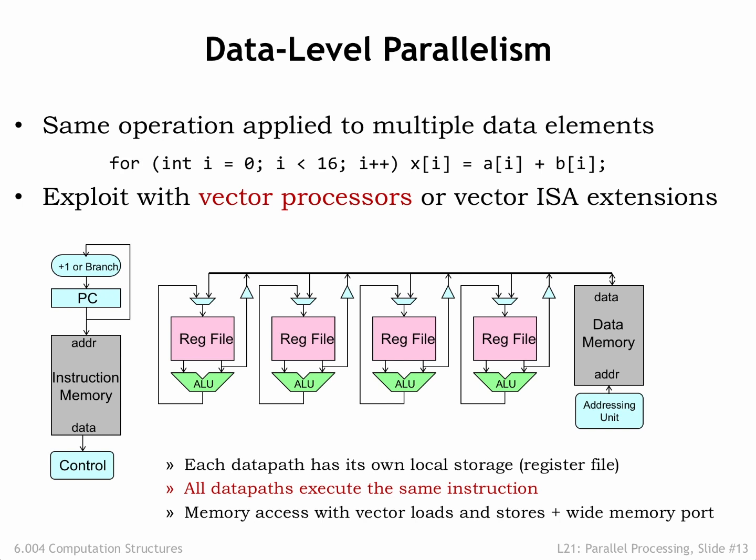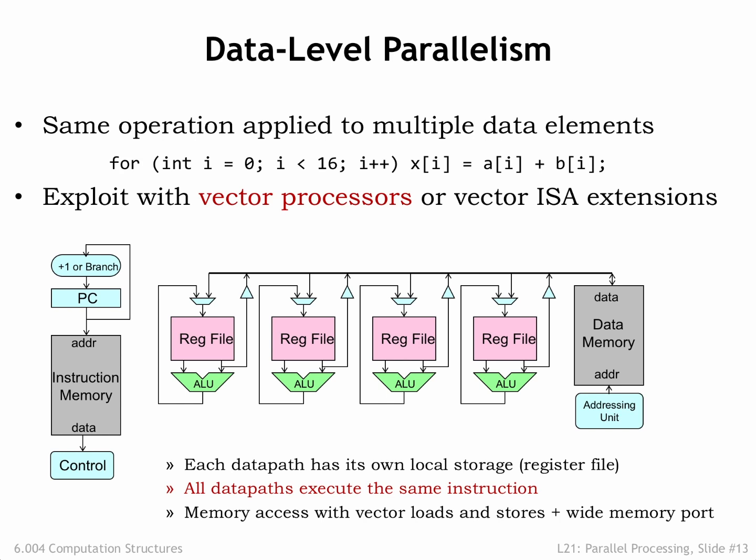Data is fetched in big blocks, very much like fetching a cache line, and the specified register in each data path is loaded with one of the words from the block. Similarly, each data path can contribute a word to be stored as a continuous block in main memory. In such machines, the width of the data buses to and from main memory is many words wide, so a single memory access provides data for all the data paths in parallel.